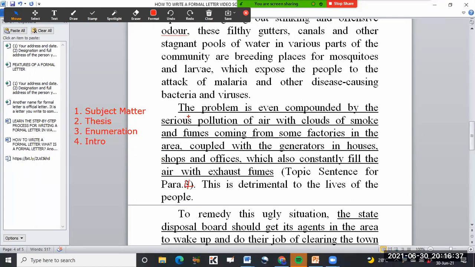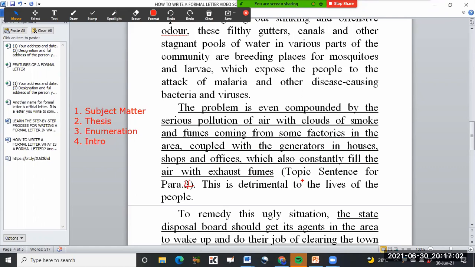And we say the problem is even compounded by the serious pollution of the air with clouds of smoke and fumes coming from some factories in the area, coupled with the generators in houses, shops, and offices, which also constantly fill the air with exhaust fumes. Now, this is your topic sentence for paragraph 4.